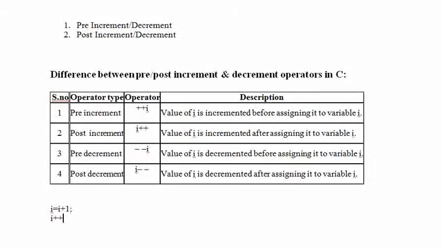It is similar to this. It will increase the value, it will assign it to the I. Both these work similarly, and there are 4 types, all which we have discussed.